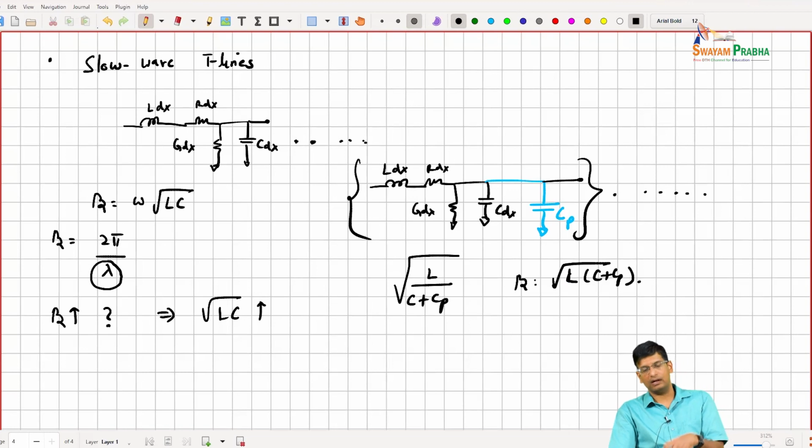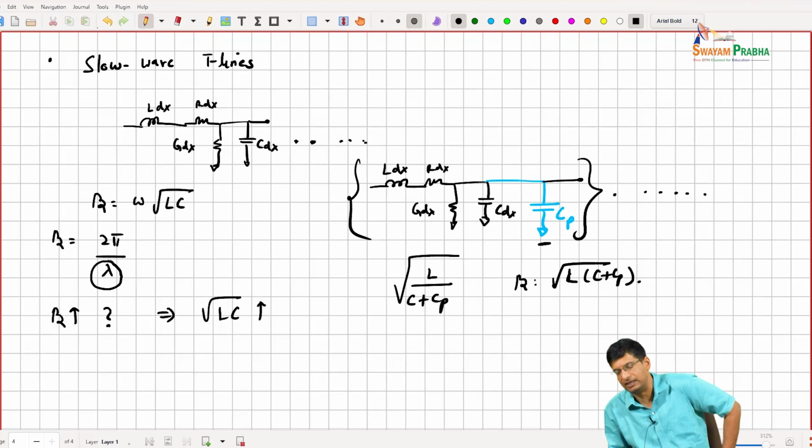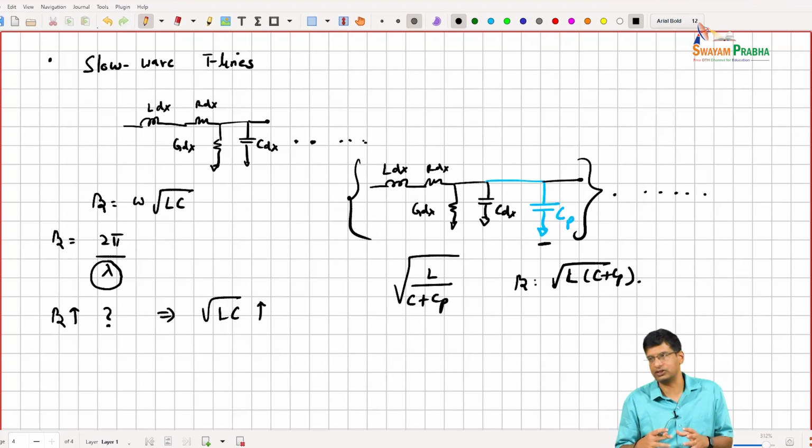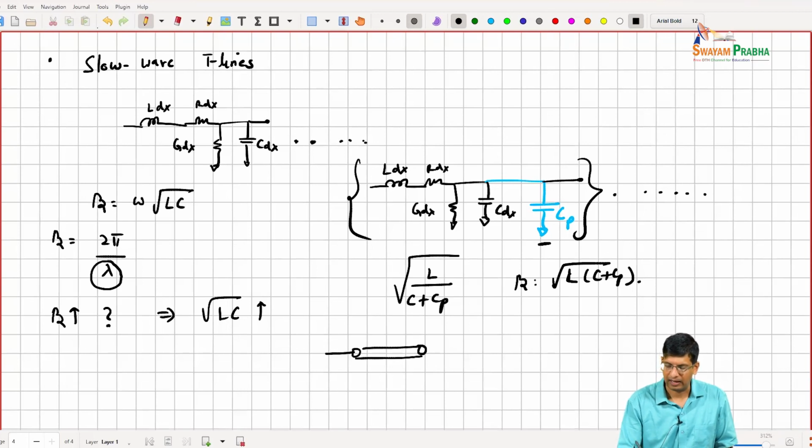Obviously, I can decide to distribute CP in smaller and smaller sections, for example by taking a transmission line section, adding a capacitance, and then making another transmission line section, adding a capacitance, or I can break it up and have smaller and smaller sections that are loaded, right?